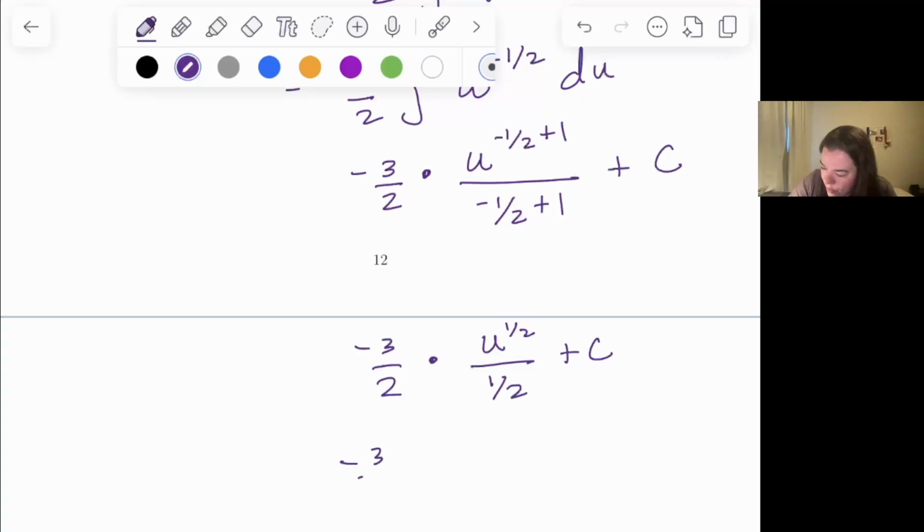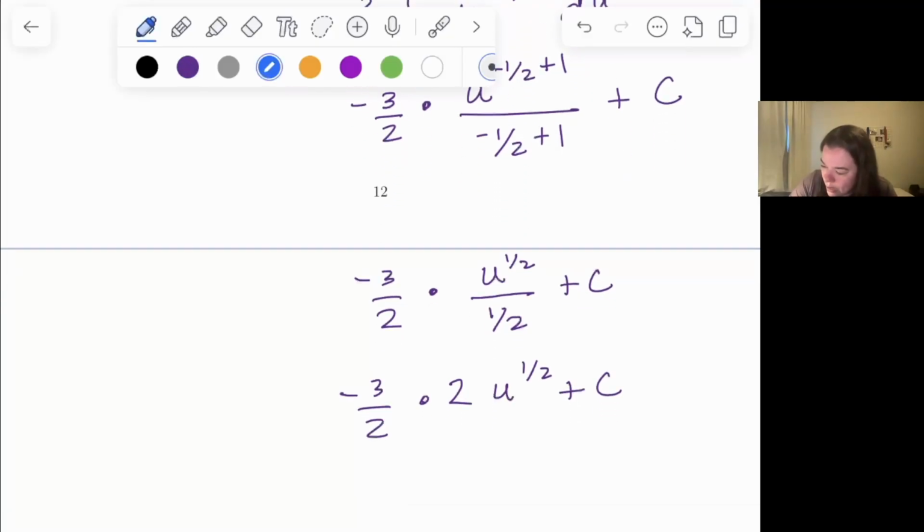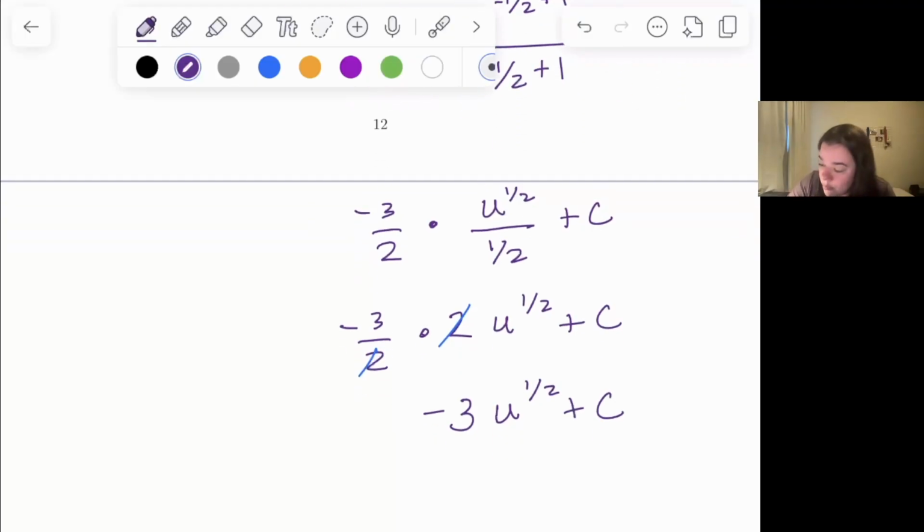This is negative 3/2 times, now dividing by 1/2 is the same as multiplying by 2. And then one more step, I can reduce my fraction. So at the end of the day, I end up with negative 3 u to the 1/2 plus c. This would be my final answer in terms of u.